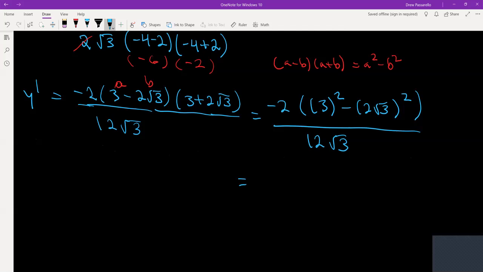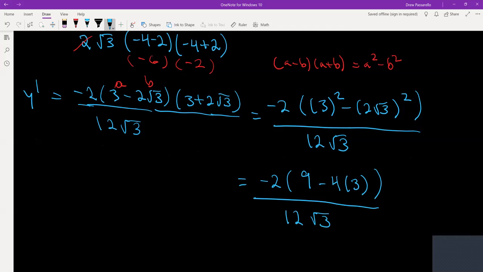So it's going to be negative 2 times 3 squared is 9, so we have 9. And then when you do 2 square root of 3 squared, 2 squared is 4, so it'd be negative 4. And then square root of 3 squared, you get rid of the square root. So it'd be negative 4 times just 3. And square root of 3 squared is 3. That's where that comes from.